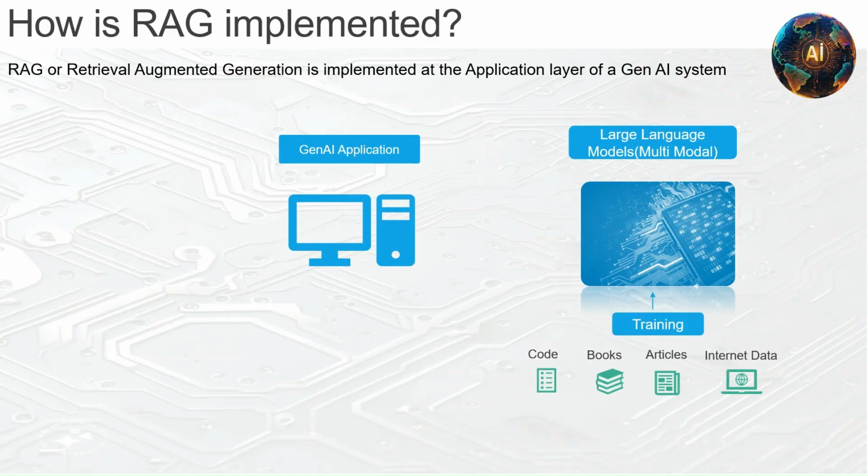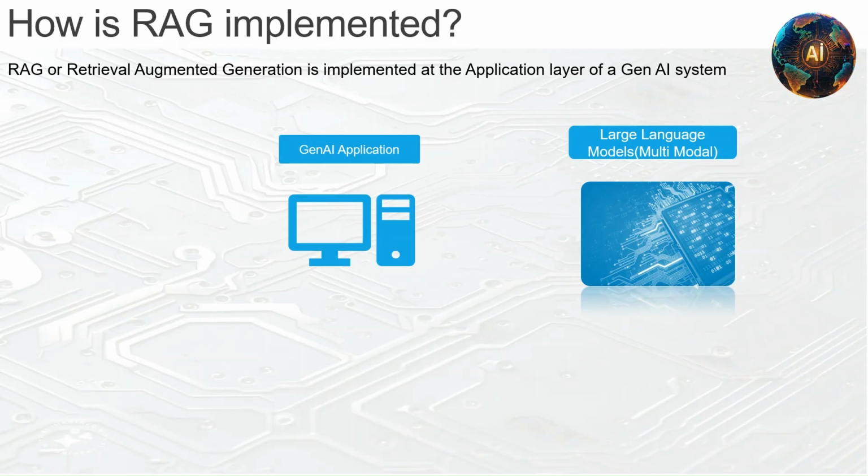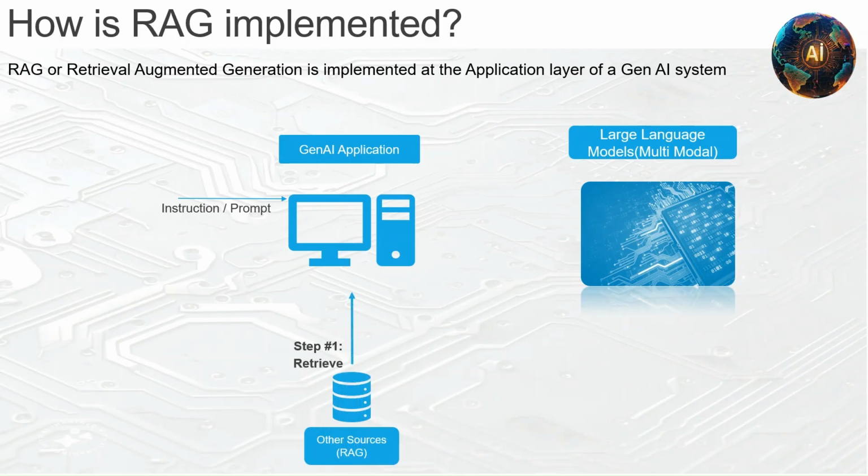We saw that the LLM is already trained on a vast amount of varied data, but it is all generic data, and hence we need RAG to augment this training by specific data sent via the prompt. Let us see how. So the application layer gets the user prompt. At step 1 in RAG, using this prompt, the application layer retrieves the relevant information from various sources.